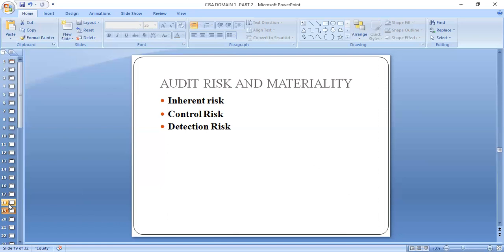It's the risk that the auditor somehow will miss what is not supposed to be missed. And it could be due to several factors. Number one, first-time audits. First-year audits are always very challenging because you are not familiar with the terrain, so you might miss some key issues you are not supposed to miss.